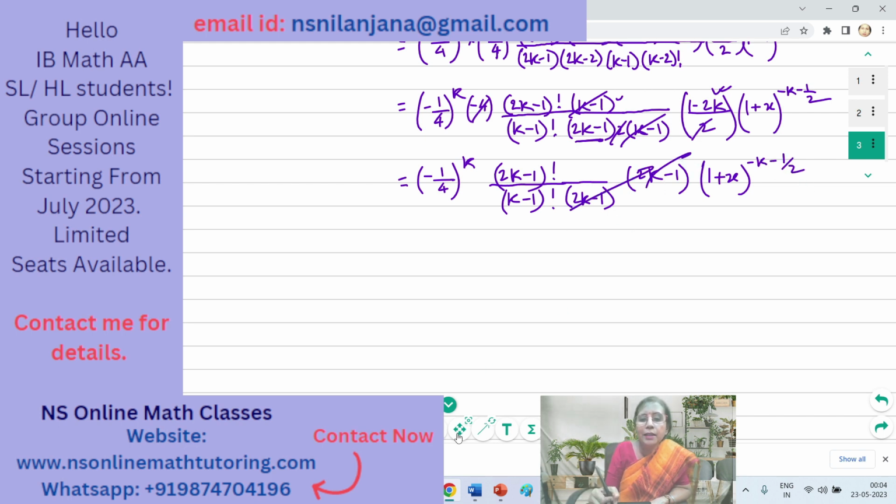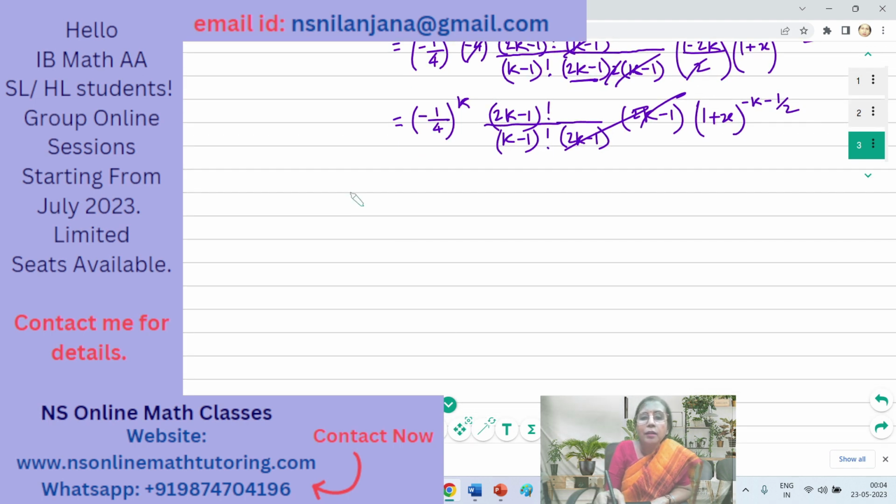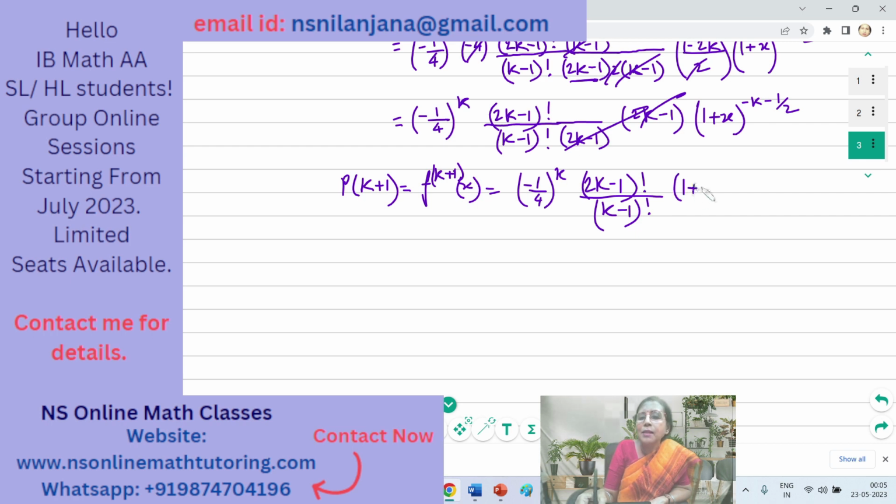These two will be getting cancelled and we have p of k plus 1, equal to the k plus 1 derivative of f of x, equal to negative 1 over 4 to the power of k, 2k minus 1 factorial over k minus 1 factorial times 1 plus x raised to the power of negative half, negative k negative half.